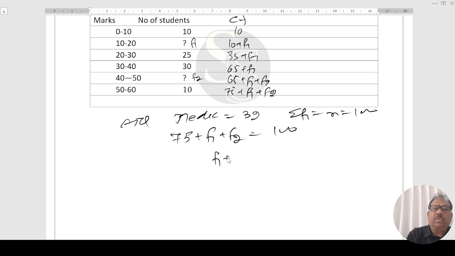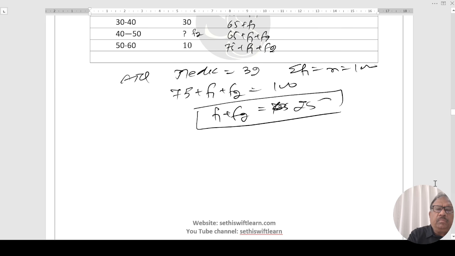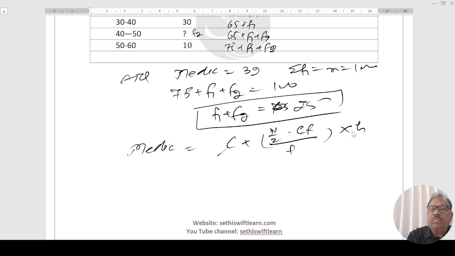This gives f1 plus f2 equal to 25. This is one equation, right? And median is given by the formula L plus n by 2 minus cf of the preceding class, upon f, into h.